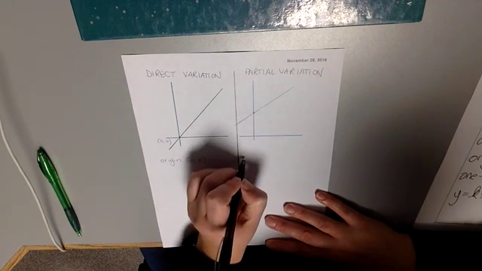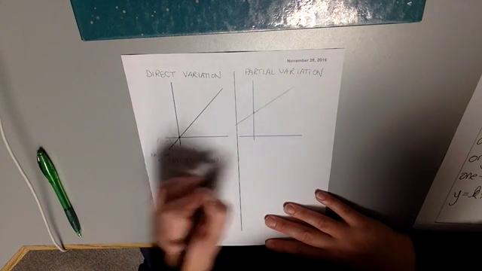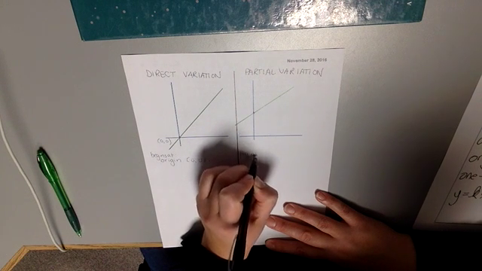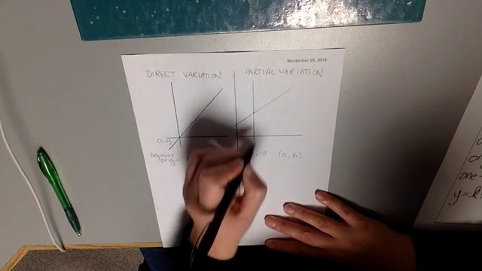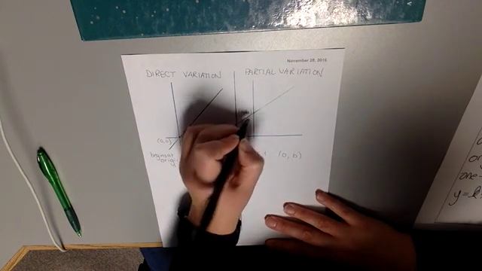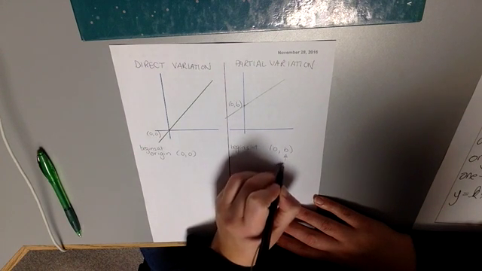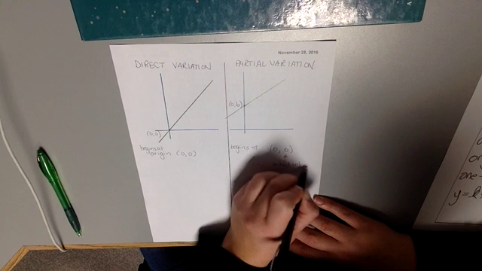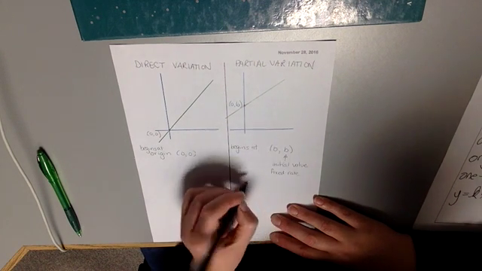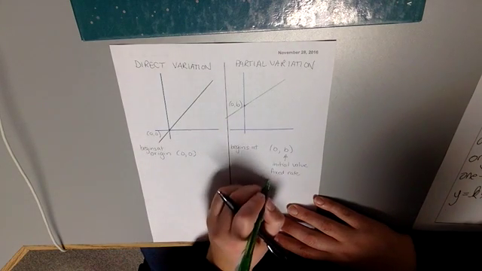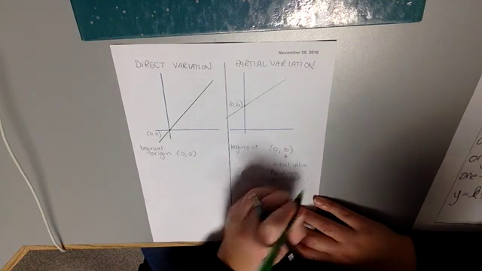Partial variation, we'll say, begins at the point that is 0, b. This is 0 and b. And this b refers to the initial value or the fixed rate. In our example, it was the starting cost.